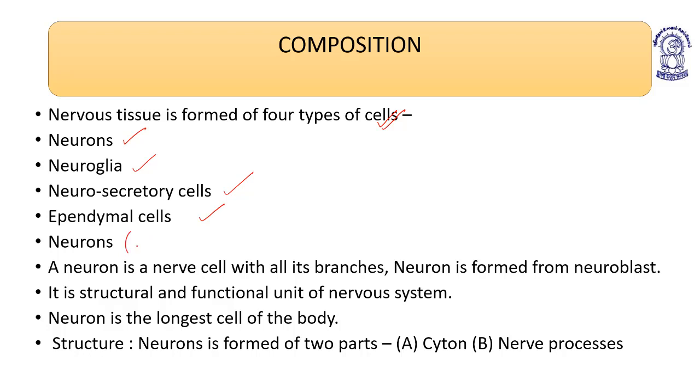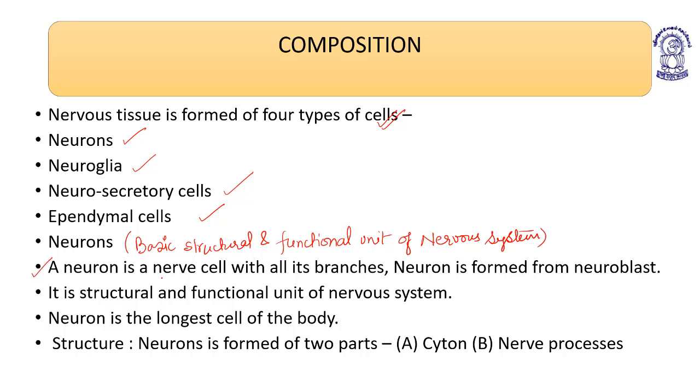Neurons. The neurons are considered the basic structural and functional unit of the nervous system.